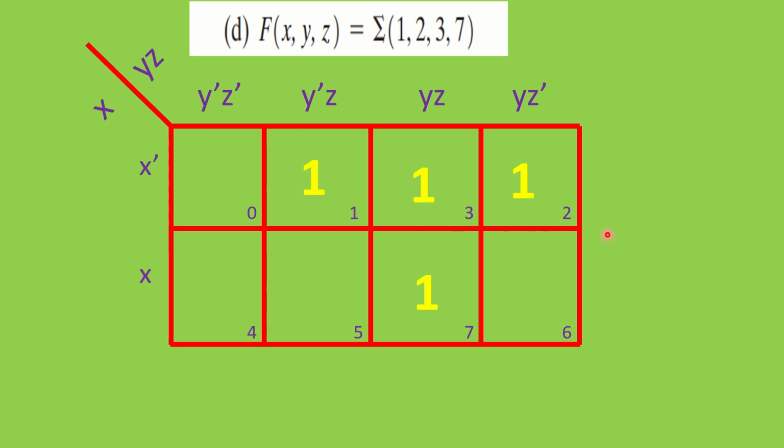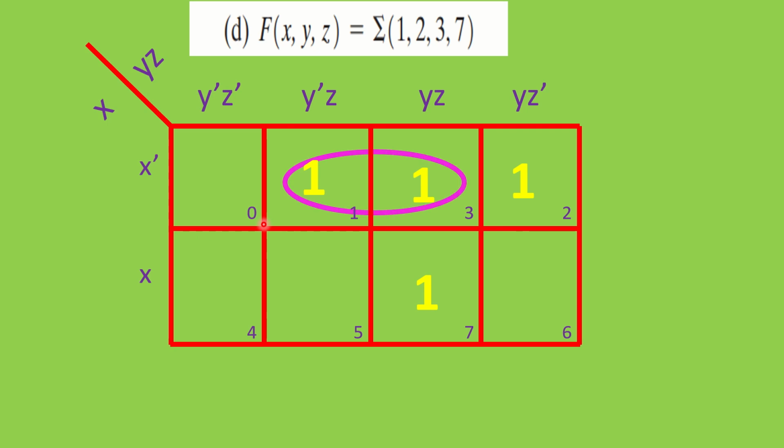The next step is to combine the maximum possible number of adjacent ones in powers of 2. Here we don't have 8 ones in all the cells, and we don't have 4 ones in adjacent cells. So we are going to form loops of 2 ones.